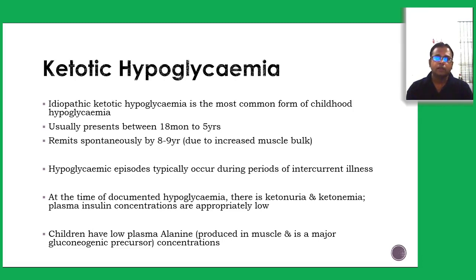And to check ketonemia, like in the UK, when we were doing foreign training, there's a small device like a glucometer, and you do a prick and you can take a ketone level value, like what you do with the glucometer, right? And plasma insulin concentrations are also low. These children are also known to have low plasma alanine concentrations.